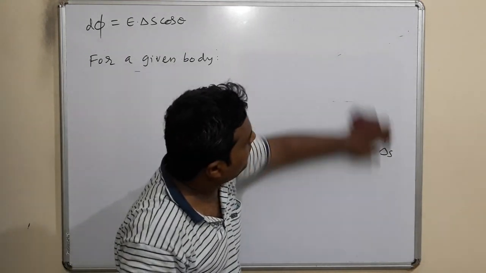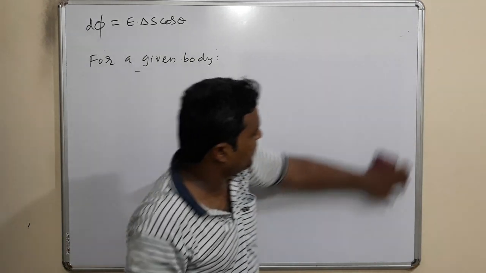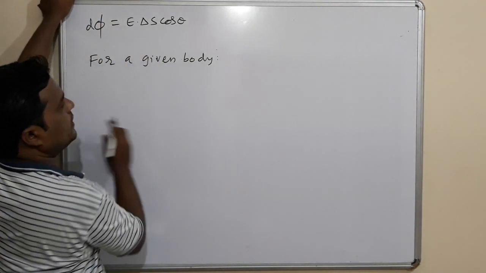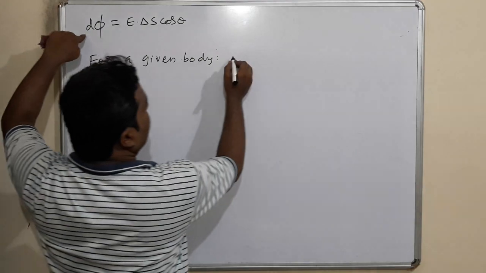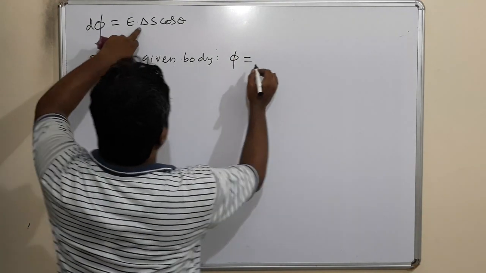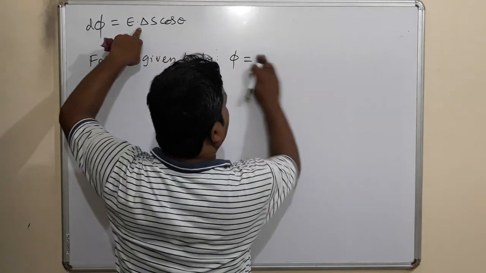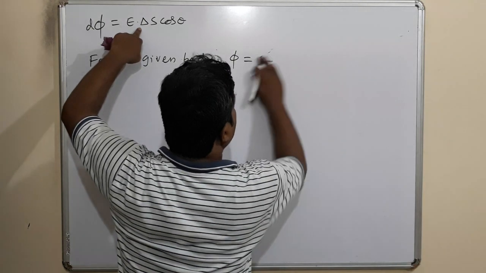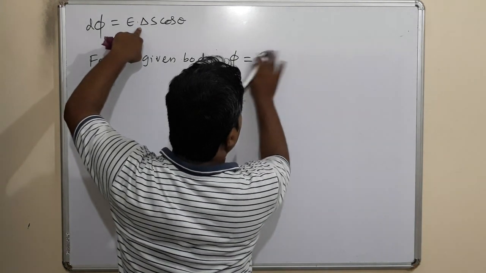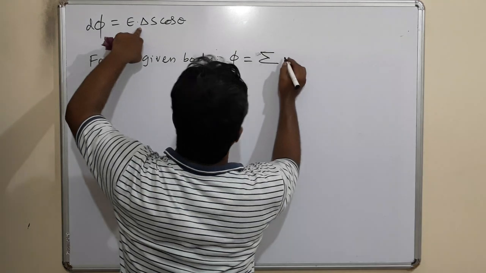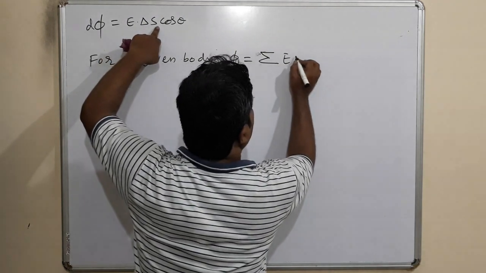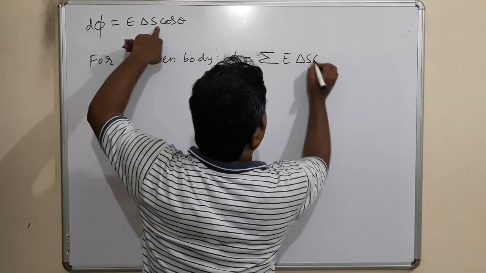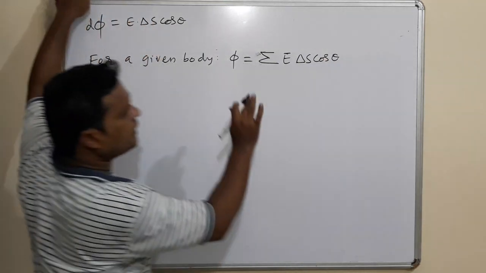If you want to calculate the total flux through a given body, I will apply sigma to the entire quantity. Sigma of E into delta S cos theta, or E dot S.